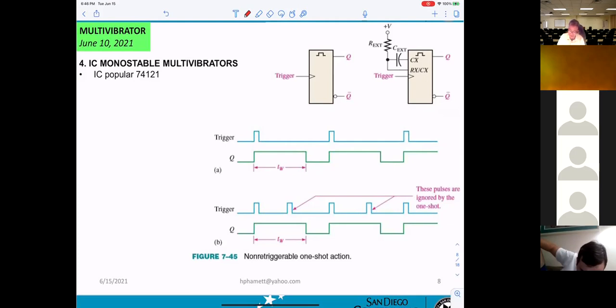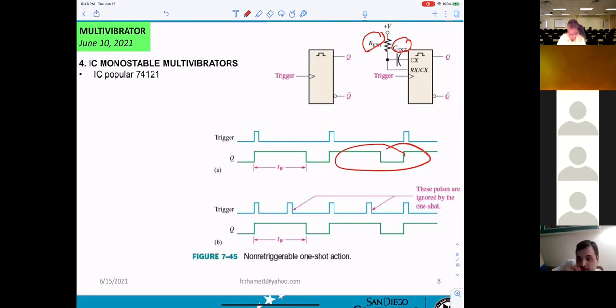First thing I can tell you, the output here basically depends on R and C. That means external connection. You can select R and C, so you can see how the signal coming out will look.